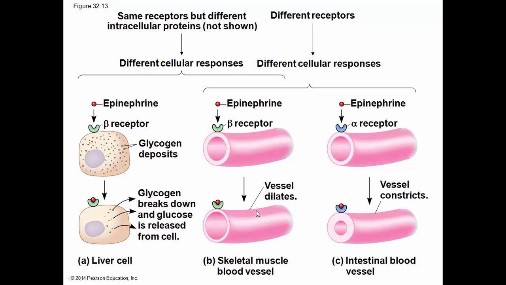Epinephrine causes them to dilate, but you don't need your digestive system. You need to shut down your digestive system in order to make more blood available to your skeletal muscle system. And then the same hormone, epinephrine, causes those blood vessels to contract. So the same receptors, but different intracellular proteins, can cause different responses.